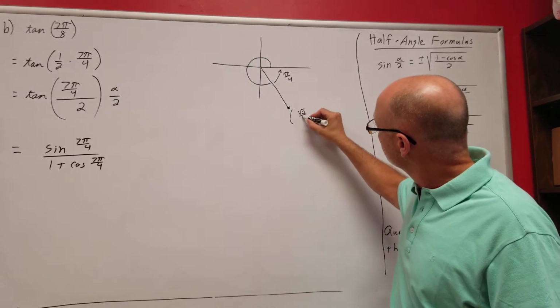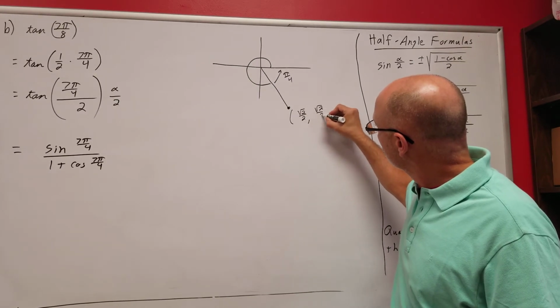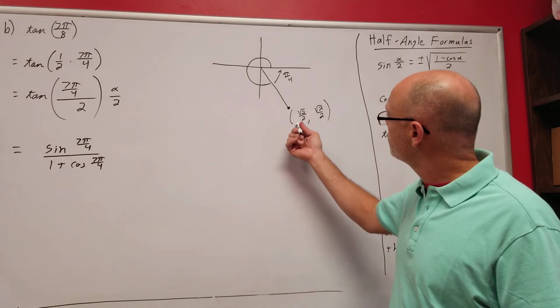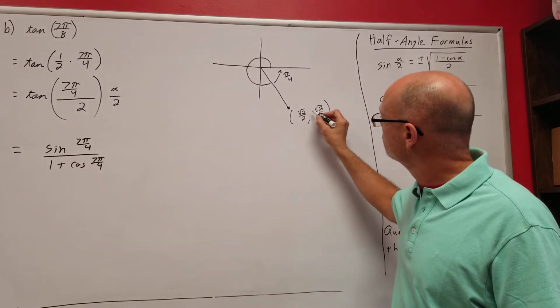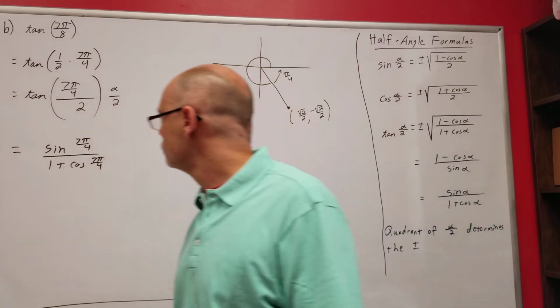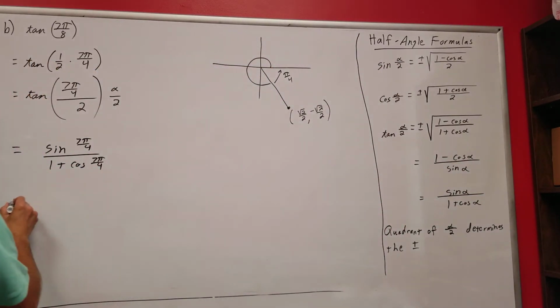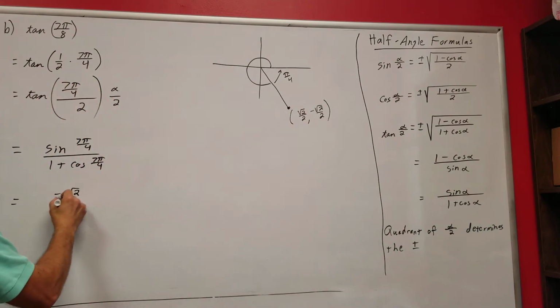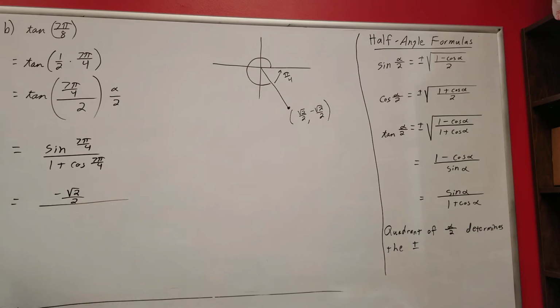Square root of 2 over 2, square root of 2 over 2. But in quadrant number 4, what's negative? My x or my y? My y. So let's see, what is the sine of 7 pi over 4? That would be negative square root of 2 over 2.